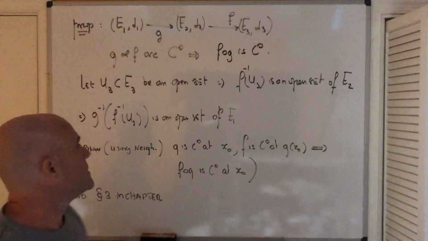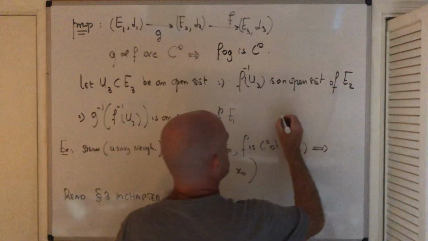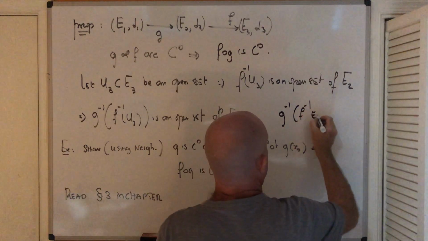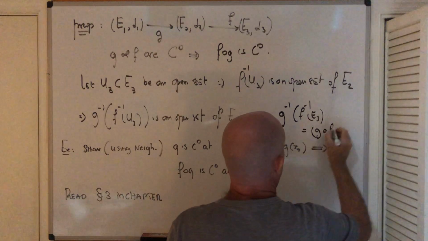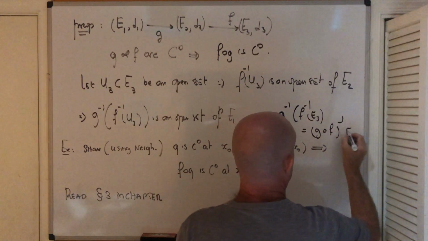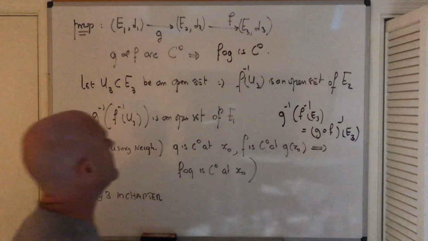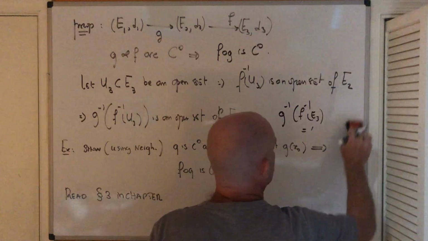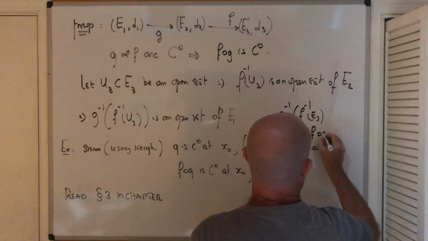End of the game. So g minus 1 of f minus 1, of course, you have understood that this is nothing else than, sorry, no, f composed with g, minus 1 of U3.